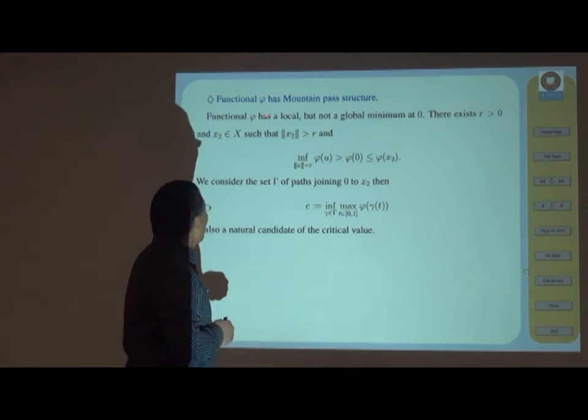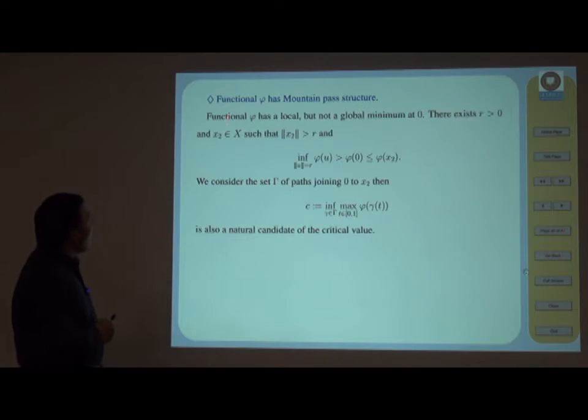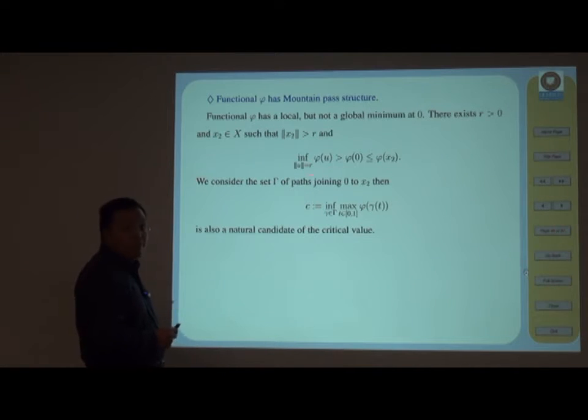The second case is that the function phi has a mountain path structure. And what is the mountain path structure? The function phi has a local, but not a global minimum at 0, and there exists a positive R and x2 belonging to this space such that the norm of x2 is greater than R, and this relation holds.